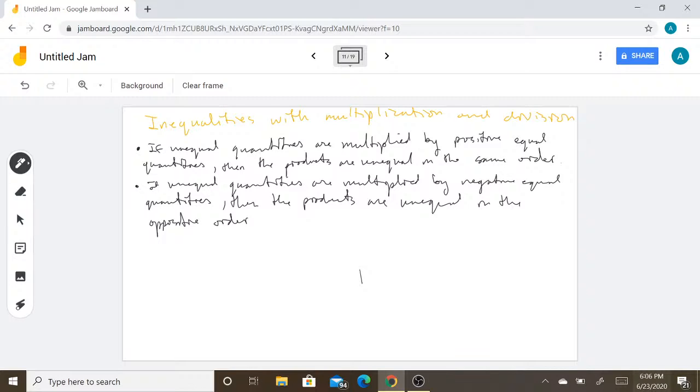So, for example, say we have 9 is greater than 3. If you multiply them both by 4, which is a positive number, then the inequality stays in the same order.